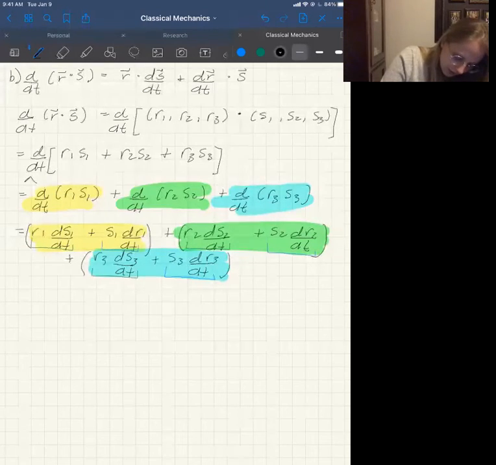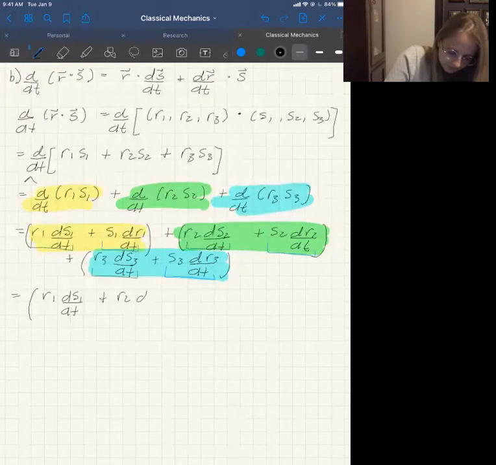After I do that, I get R1 times the derivative of S1 with respect to time plus R2 times the derivative of S2 with respect to time plus R3 times the derivative of S3 with respect to time as 1 grouping.